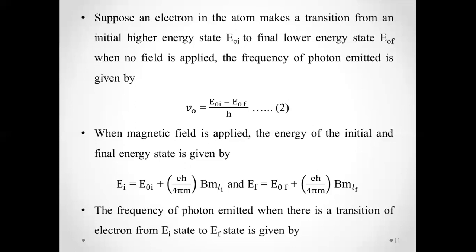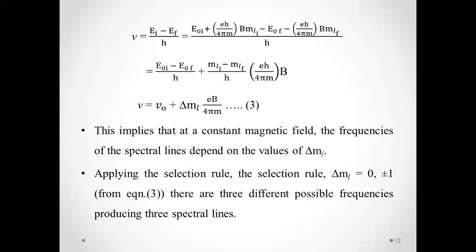The frequency of the photon emitted when there is a transition of the electron from EI state to EF state is given by nu equals the difference in the energies EI minus EF divided by h.